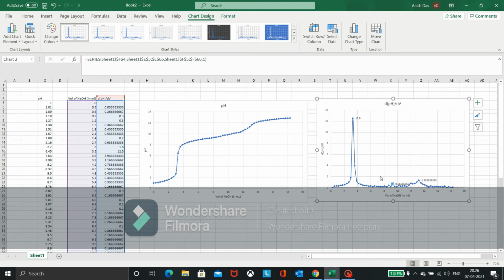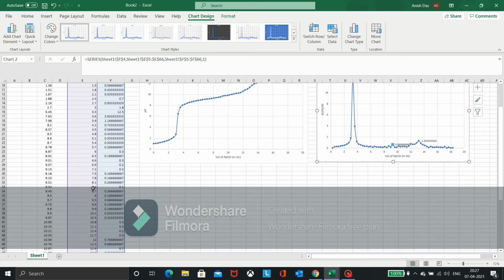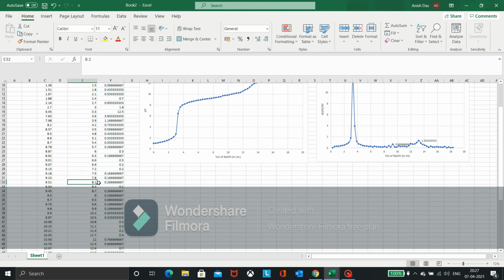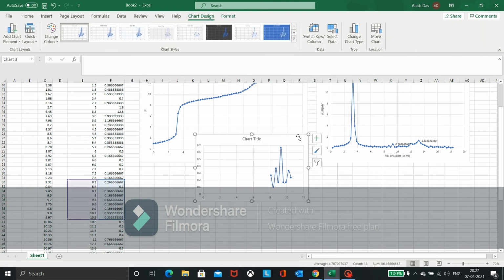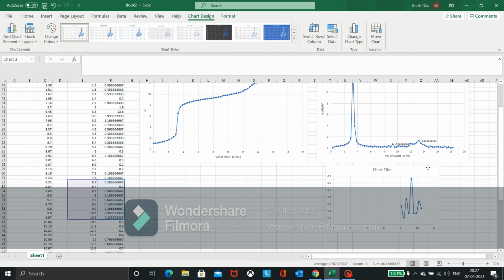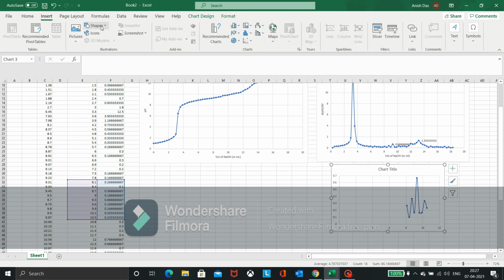This peak is really small, so let us see the smallest peak shown here, which is in the range of 8 ml to 10.5 ml. Let's make a graph and zoom in and check its peak. So here is our graph, and the highest peak shown is definitely 0.66.